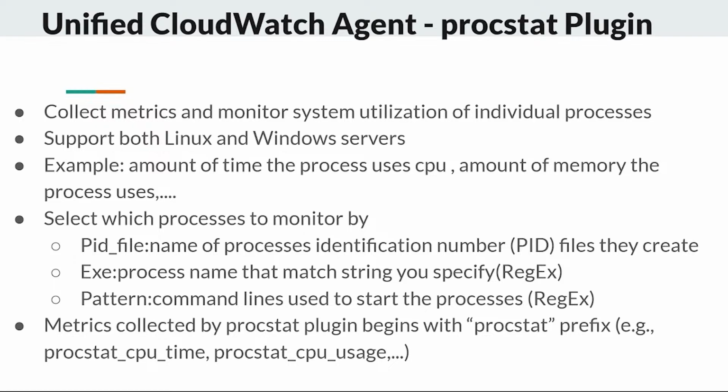Metrics collected by the procstat plugin begin with the procstat prefix, like procstat cpu_time, procstat cpu_usage. So all the data and metrics collected by the procstat plugin will have a procstat prefix, and this shows that all this data is collected by procstat. I hope this is clear to you.